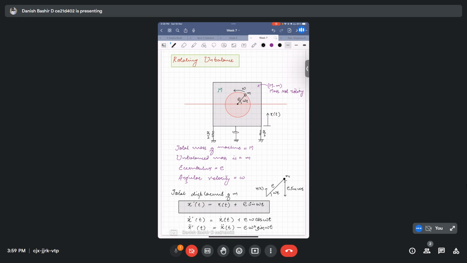These two things we deduced. So x double dot of t will be for mass that is not rotating, M minus m, and this acceleration will be for mass small m that's rotating.